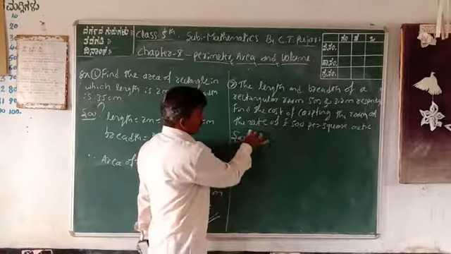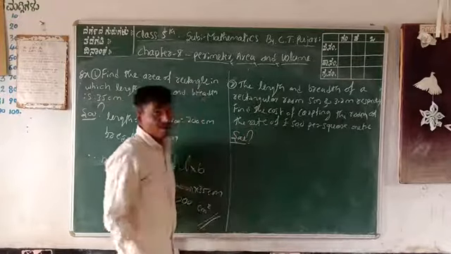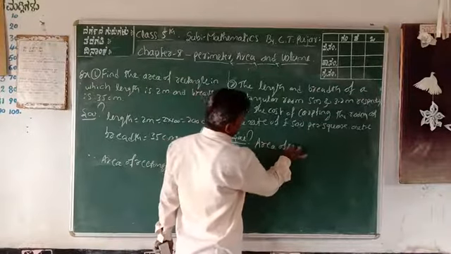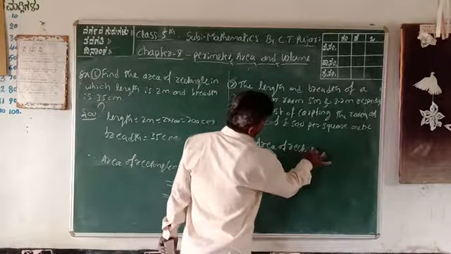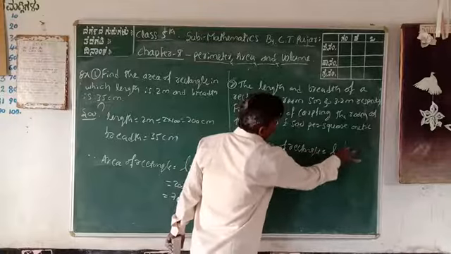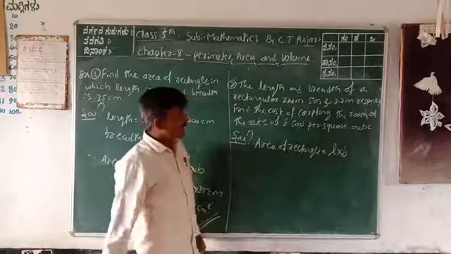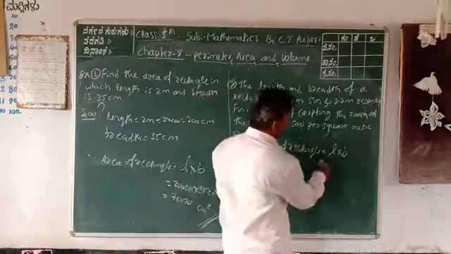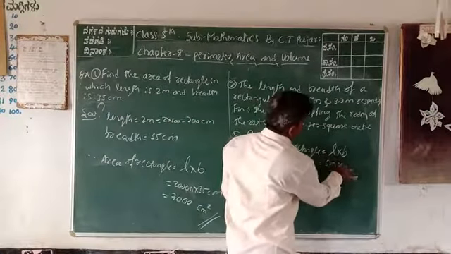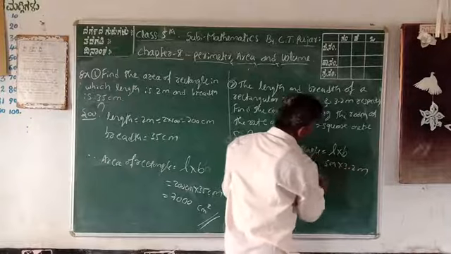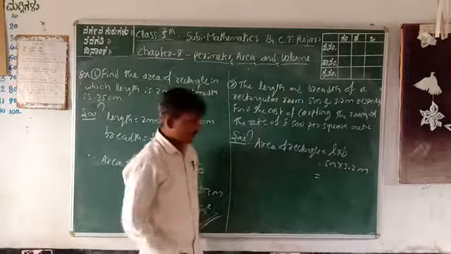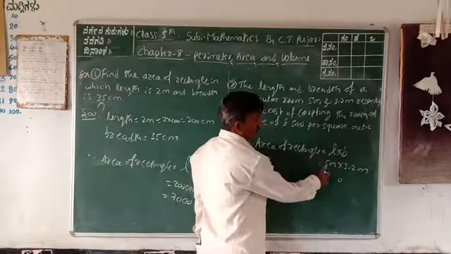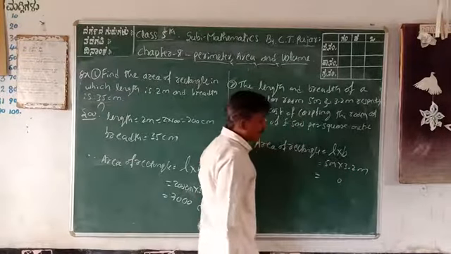Therefore, solution. First of all, find out the area of the rectangle. Area of rectangle is equal to length into breadth. Length is 5 meter, breadth is 3.2 meter. Therefore, 5 meter into 3.2 meter multiplication. 5 twos are 10, 5 threes are 15, 15 plus 1 is 16.